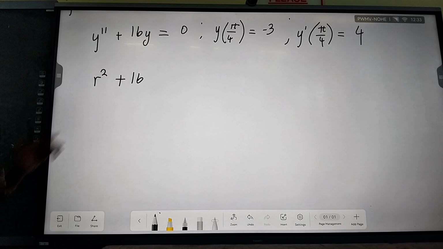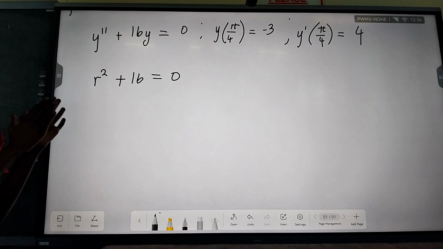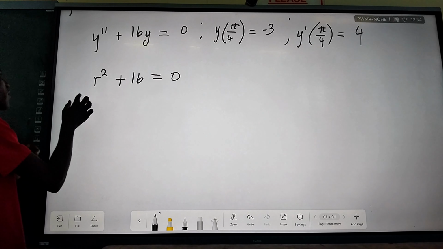Now, the characteristic equation. Even without doing the discriminant, you can see the values of r here, you can solve it, the roots of the characteristic equation again. Can you solve it? Yes, let's see the discriminant. The discriminant is b squared minus 4ac.